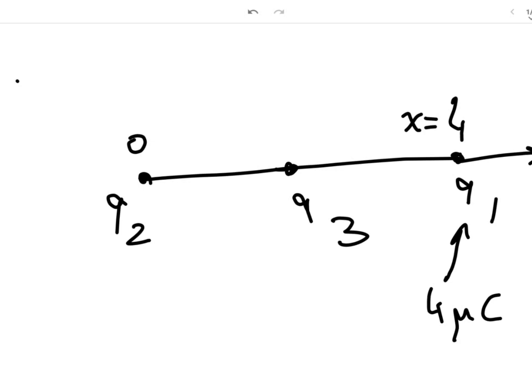And the positive charge Q2 equals 8 microcoulombs is at the origin. A negative charge Q3 is placed on the x-axis such that the resultant force is 0. What is the x-coordinate of Q3? I'll give you a few seconds to answer the question, and then I'm going to come back.